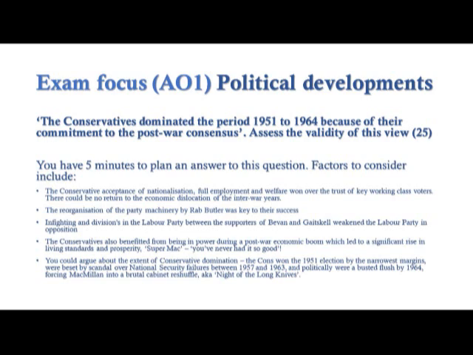Gaitskell even talked about abandoning Clause 4 of the Labour Party constitution, the commitment to nationalisation. He brought in prescription charges. These factions in the Labour Party were very divisive, and as we've seen, for any organisation to be successful, everyone needs to be pulling in the same direction. So those divisions most definitely cost them.